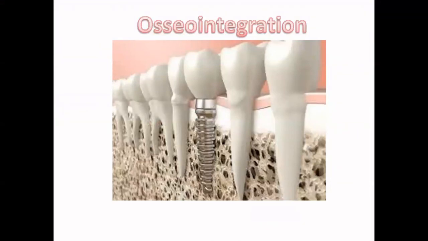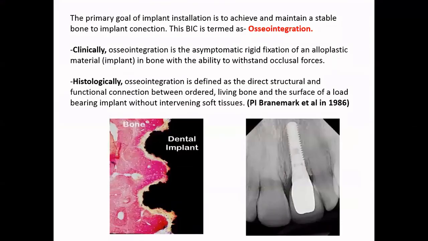So next we see how the implant fits inside the bone. This process is called osseointegration. The primary goal of implant stability is to achieve and maintain a stable bone-to-implant connection.